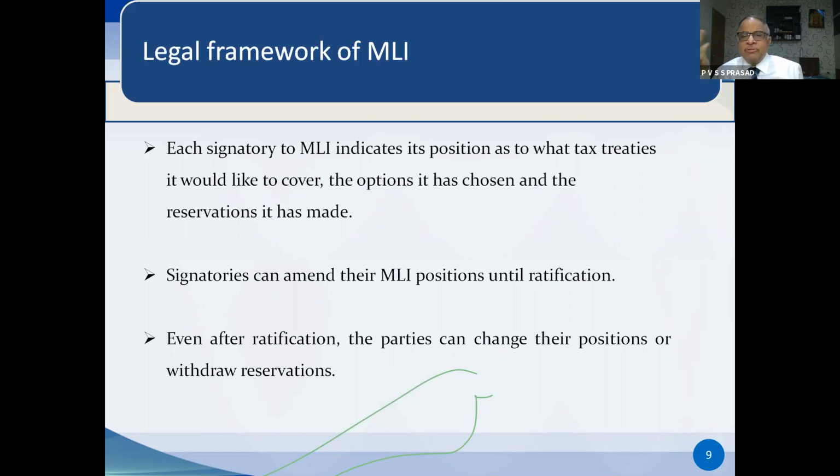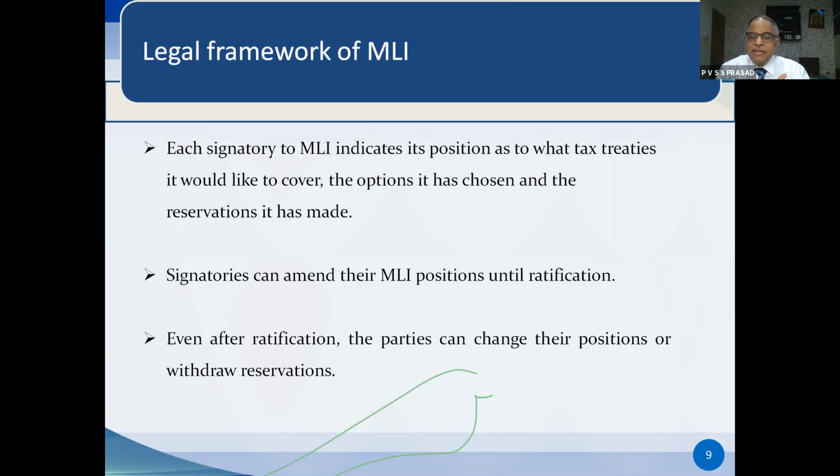Later on, we would have signed two or three or some more tax treaties, but all those new tax treaties have been signed in a manner that these anti-avoidance measures have been incorporated in the new text of the treaties. So the old treaties which require real modification were brought under the purview of MLI by India.